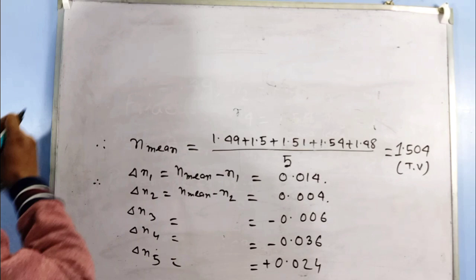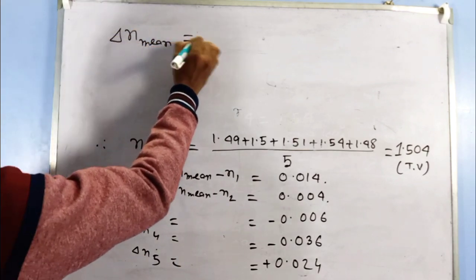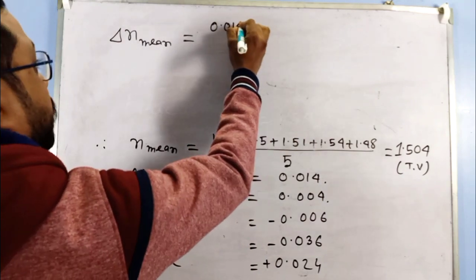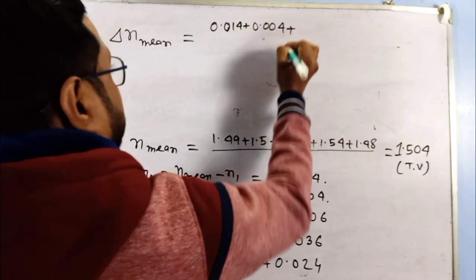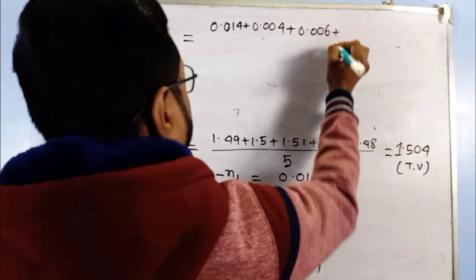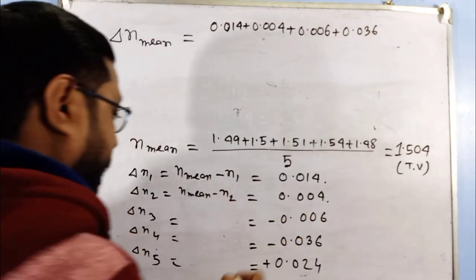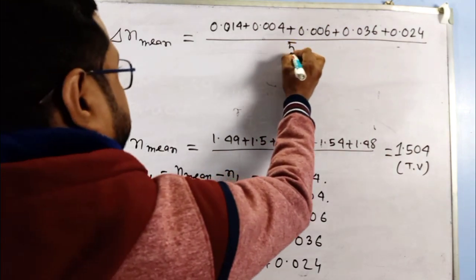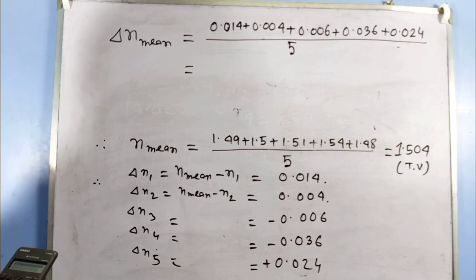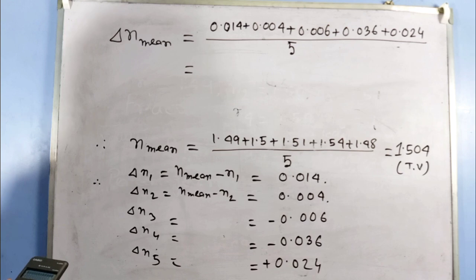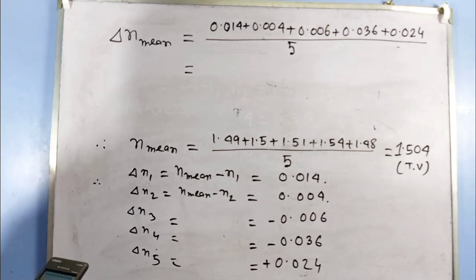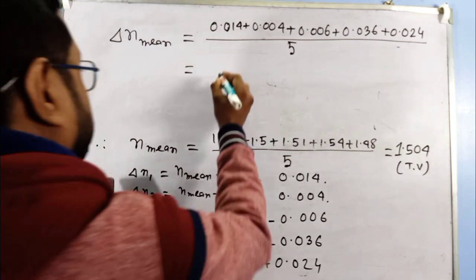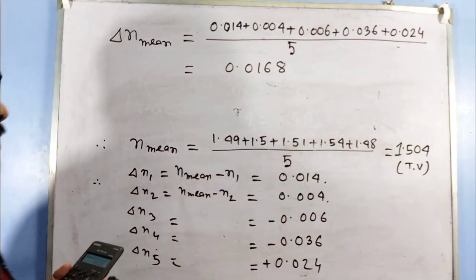For delta n, take the mod of these values, meaning only the positive quantities: 0.014 plus 0.004 plus 0.006 plus 0.036 plus 0.024 divided by 5. So we get 0.0168.